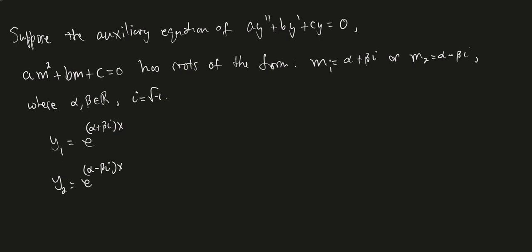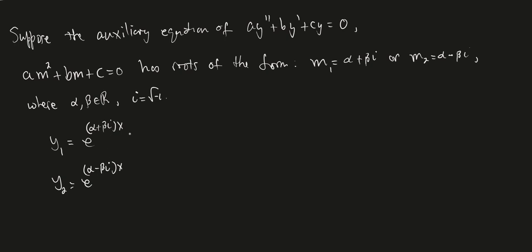Here we got two solutions, and these are called complex conjugates. But it would be nice if we could get solutions that, since these are functions of a real variable, don't involve i.